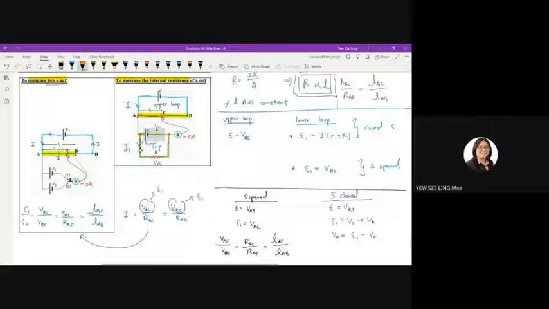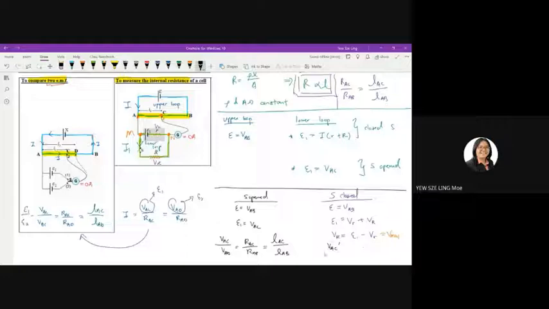I'm going to call these points M and N. So VR is actually equal to your VMN, your terminal voltage. This terminal voltage is now equal to VAC. But of course, this VAC is no longer equal to VAC when S is open. It is now known as VAC prime.